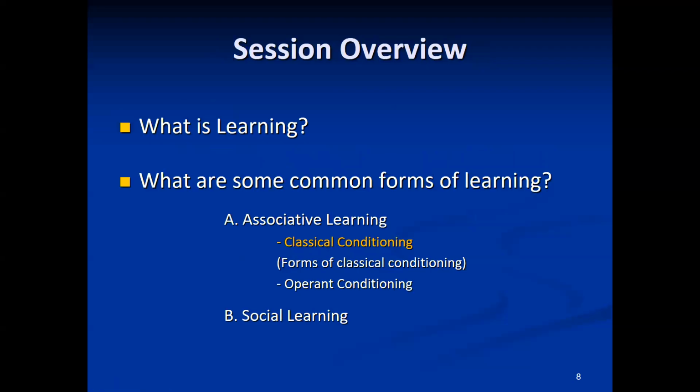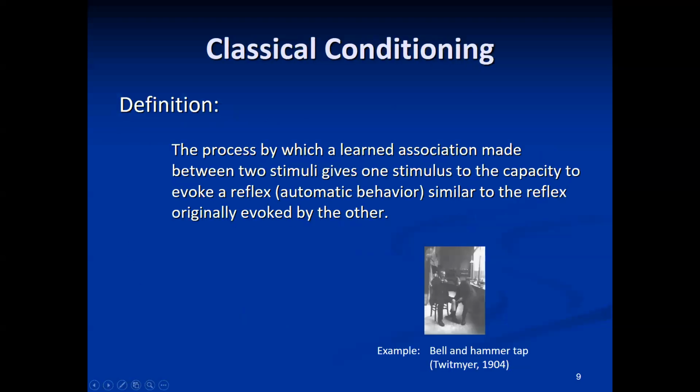We will examine two types of conditioning, classical conditioning and operant conditioning. Classical conditioning is the process by which a learned association made between two stimuli gives one stimulus the capacity to evoke a reflex, an automatic behavior, similar to the reflex originally evoked by the other.